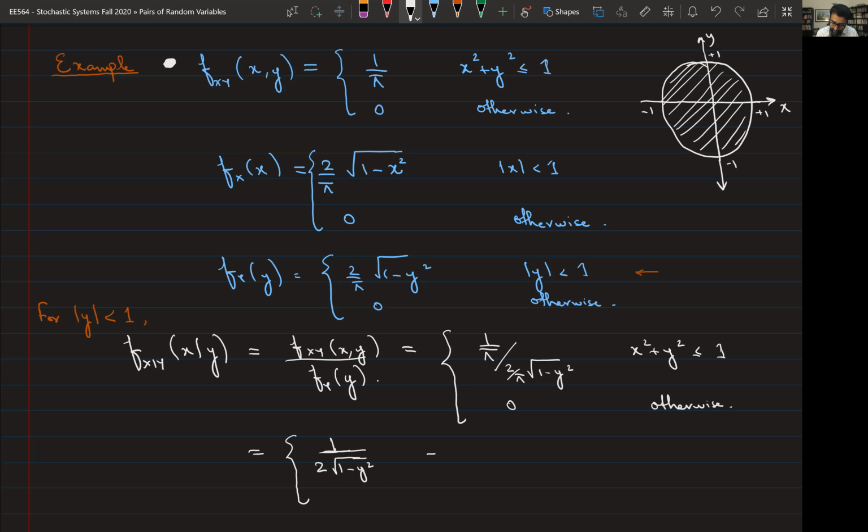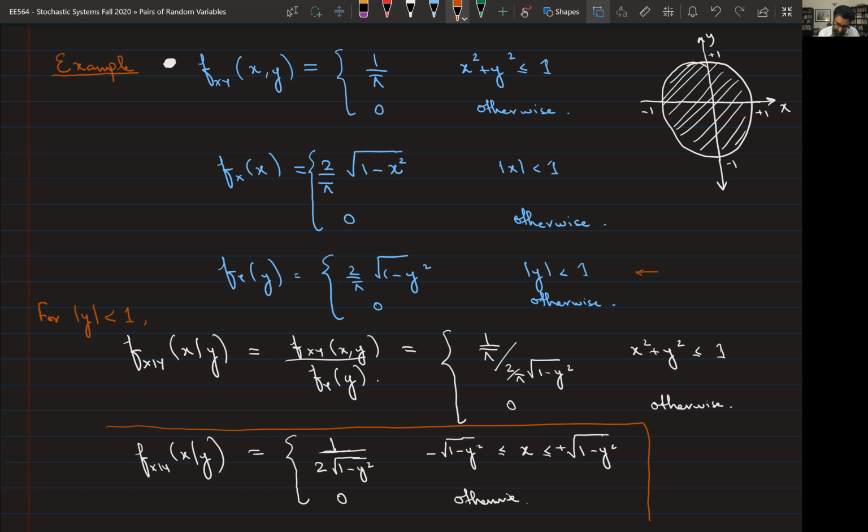This is minus root 1 minus y squared less than or equal to x less than or equal to plus root 1 minus y squared, and is 0 otherwise. So this is the conditional PDF that I have for the example given above. What does this mean? Let's talk about that for a bit.